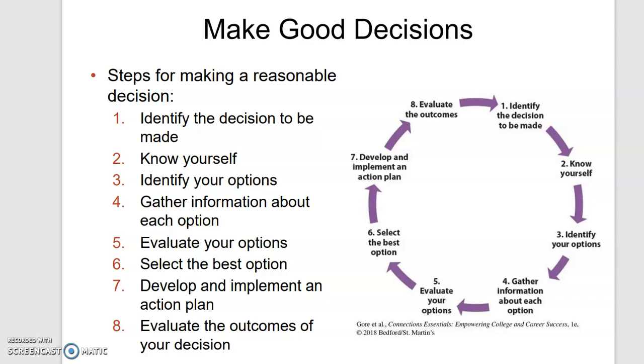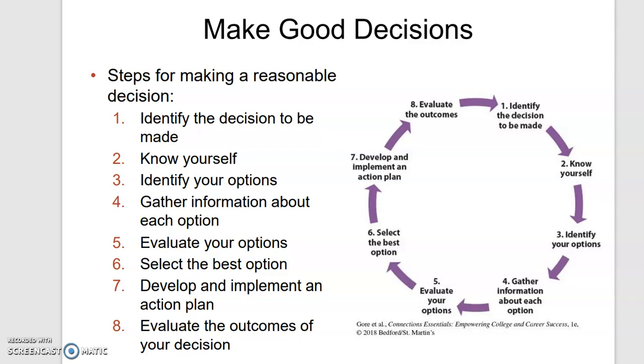And our textbook recommends doing a pros and cons list for each of the options. That's what you're doing in step 5. In step 6, you actually select the best option based on gathering information in step 4 and doing the pros and cons and evaluation in step 5.